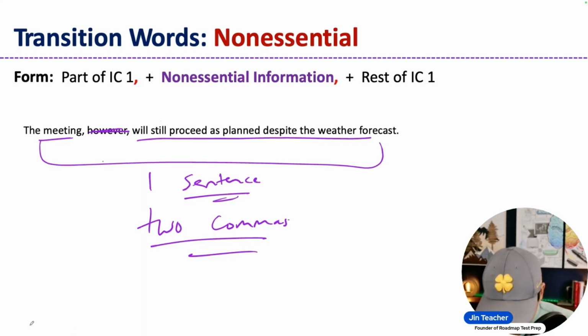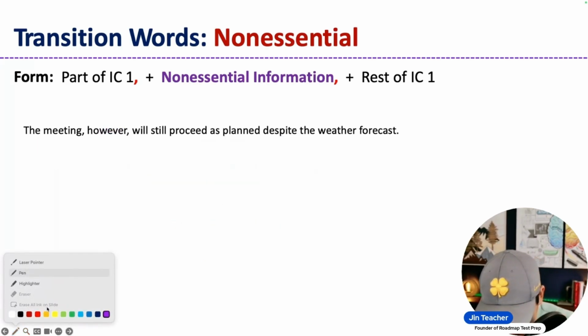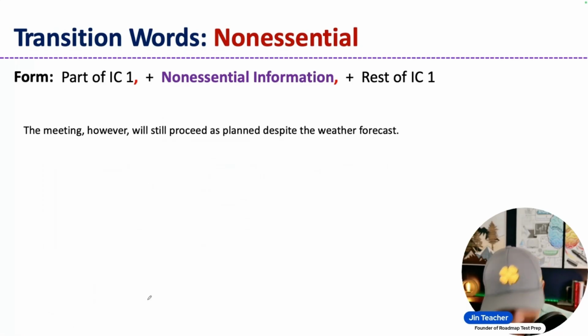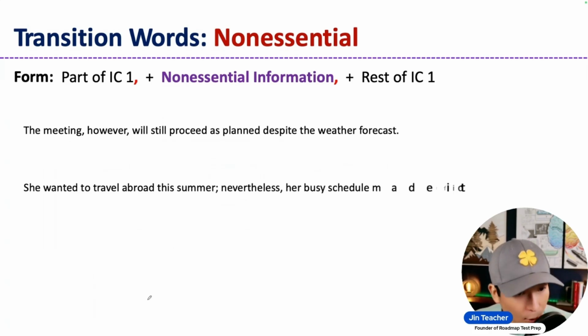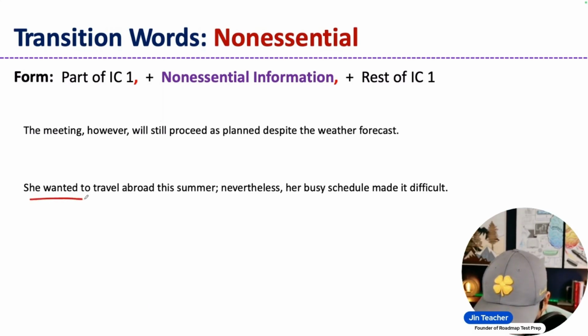Now, this is important to know because one of the ways that the SAT is going to trick you, told you this is the master class, is they're going to put non-essential transition words in between 2 sentences. Take a look. This example says, "She wanted to travel abroad this summer. Nevertheless, her busy schedule made it difficult."